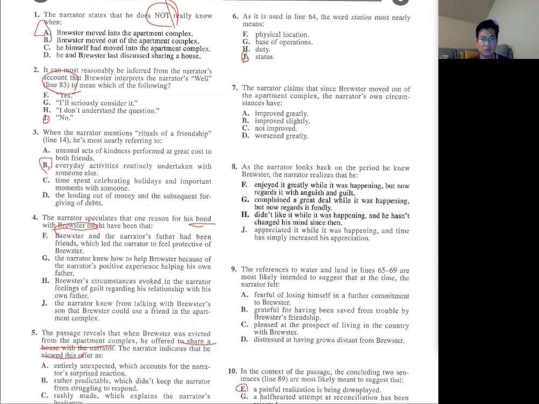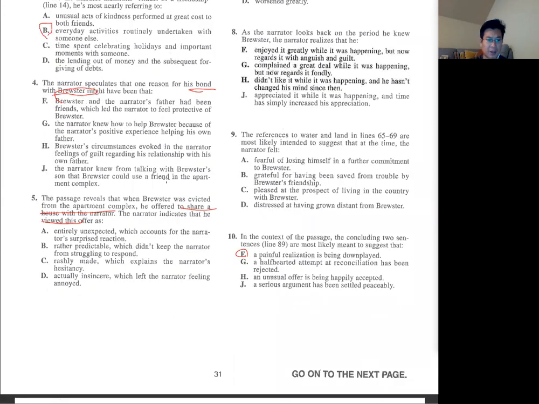He's not really a friend because he's his father's age, really old, 75 years old. So that's why the later part talks about how once Brewster asked him, do you want to move in together, he sort of hesitated. That's why the answer for this one is just the age.